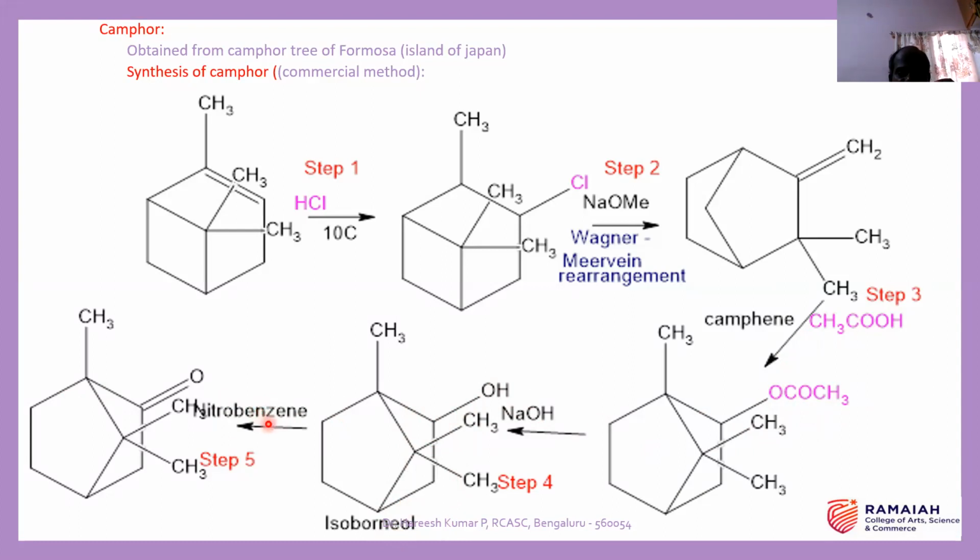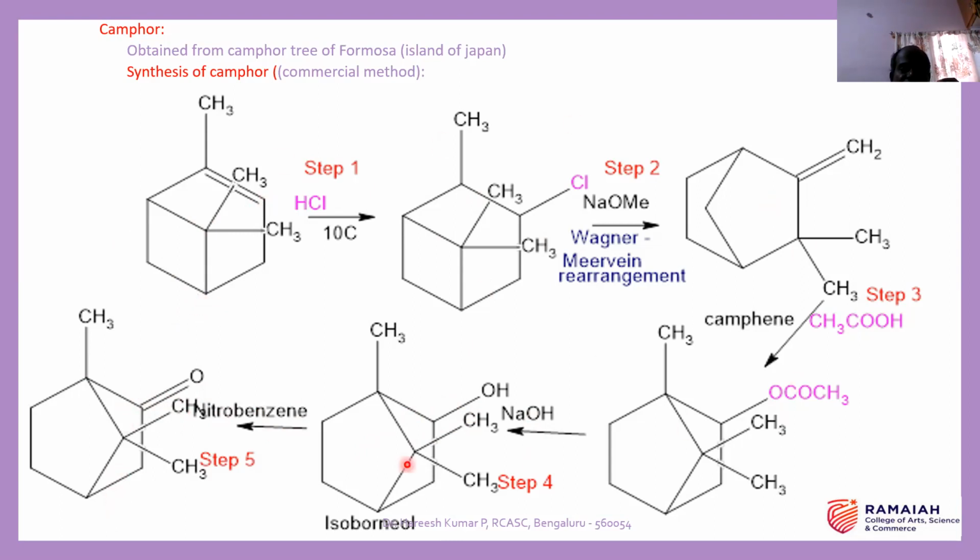This is special. I will explain how nitrobenzene acts as an oxidizing agent in the conversion of a secondary alcohol to a ketone. So these are the steps involved in the conversion of alpha pinene to camphor.